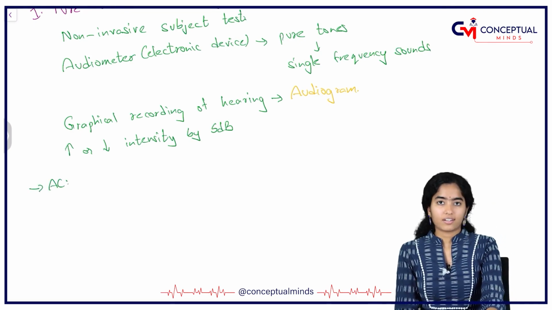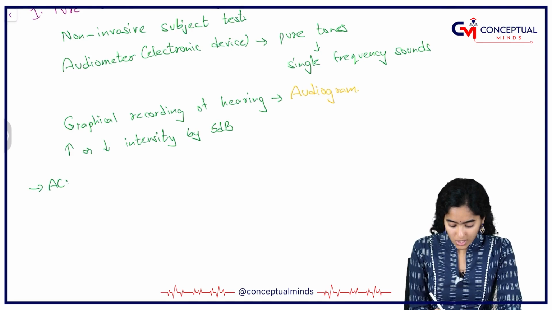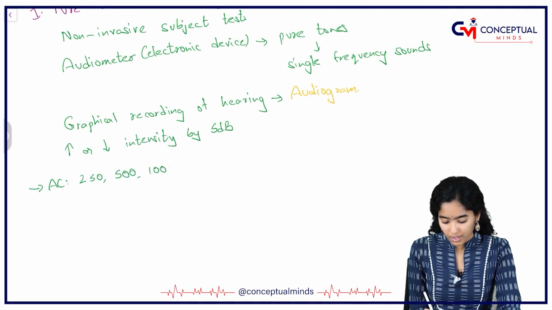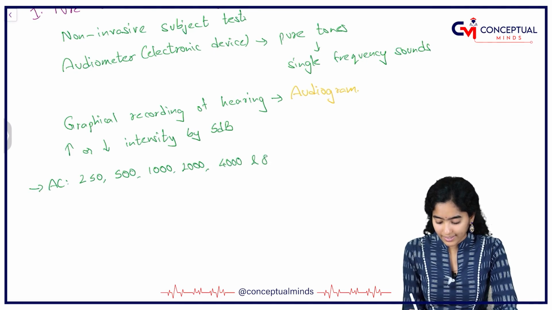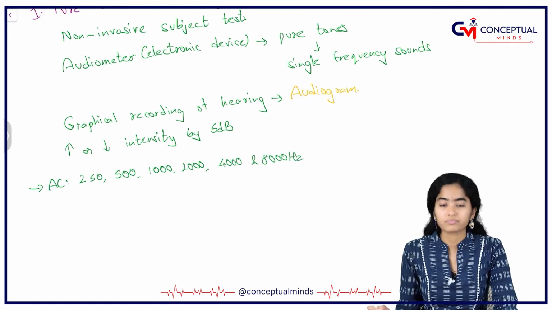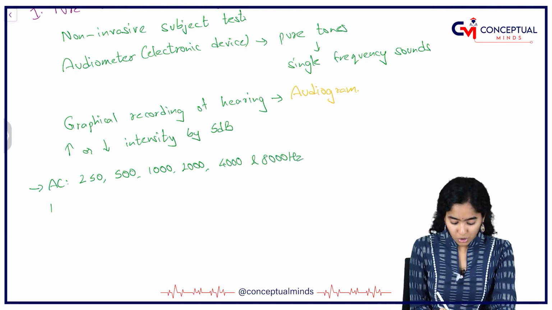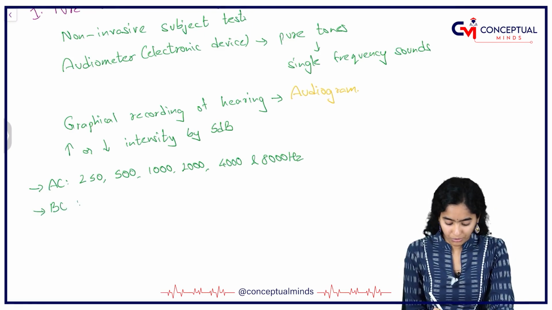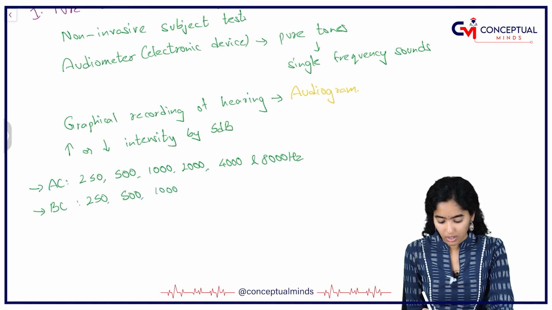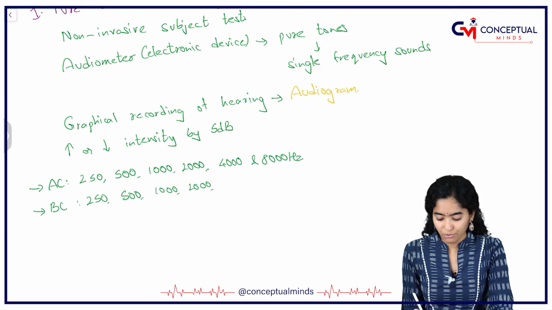So to assess air conduction, we use frequencies of 250, 500, 1000, 2000, 4000 and finally 8000. Next, to check for bone conduction, we start from 250 and same 500, 1000, 2000 and 4000 Hertz.